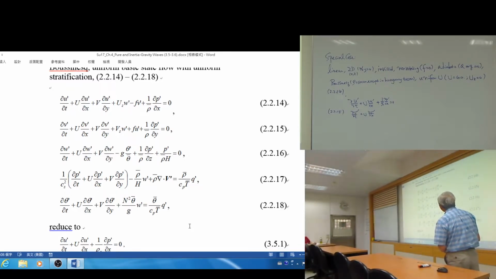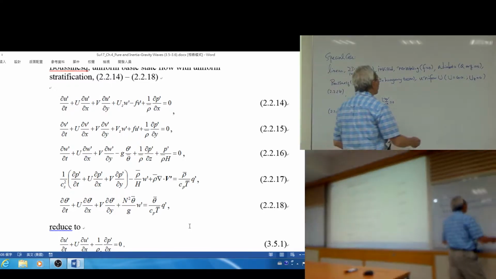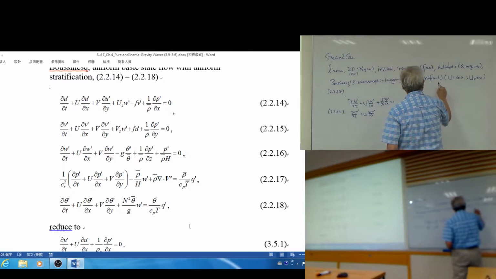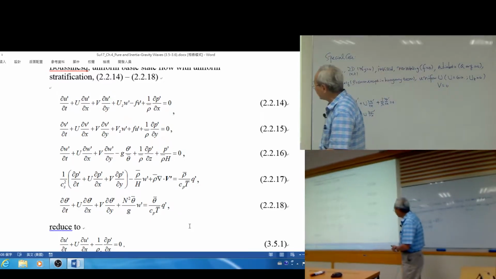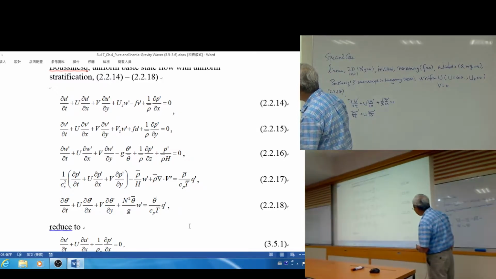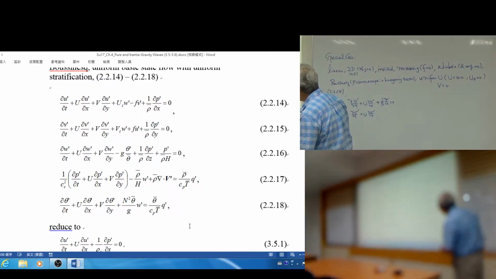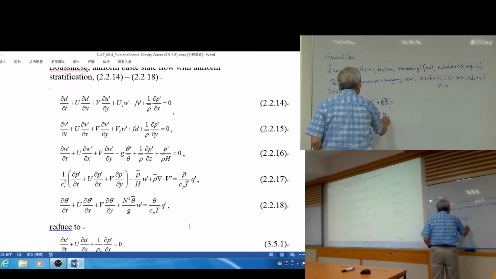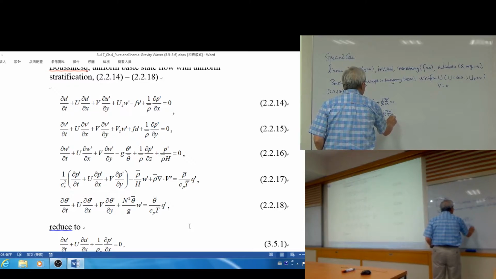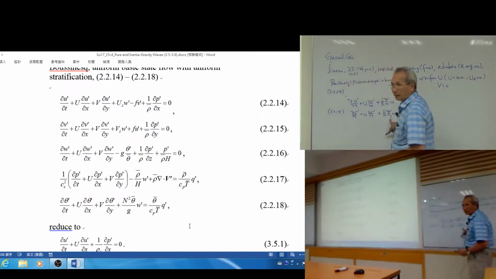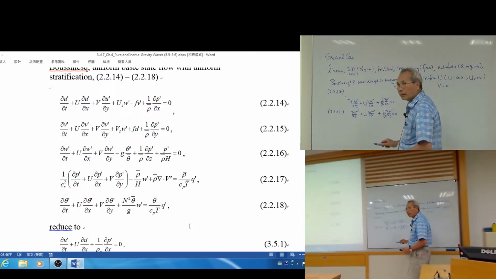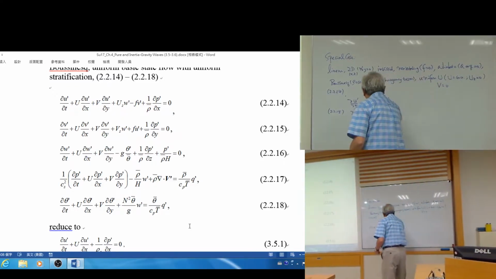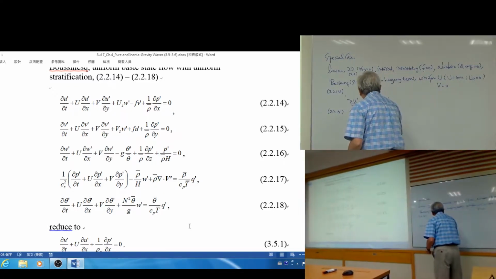We also assume, because it's 2D, that V equals 0. So V is gone, this term is gone, f is gone. So we also have 1 over rho naught dp prime dy equals 0, but because it's 2D, this is gone. So this becomes equal to 0.